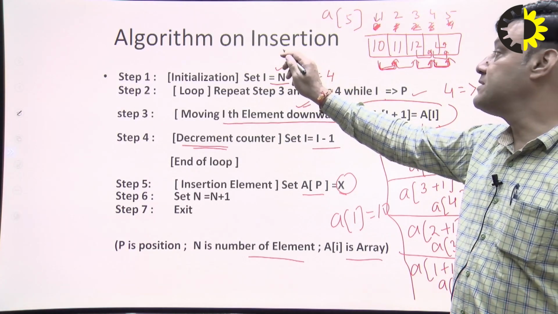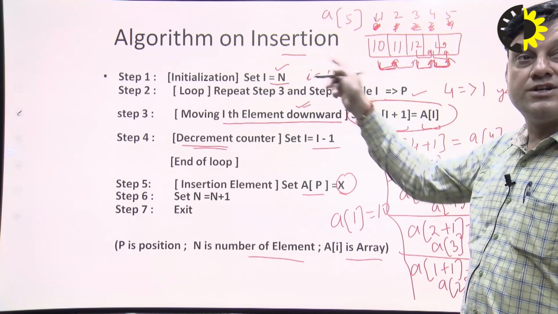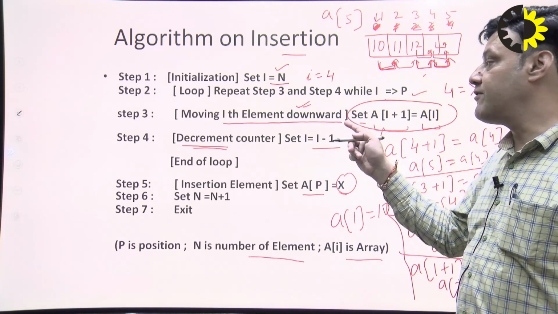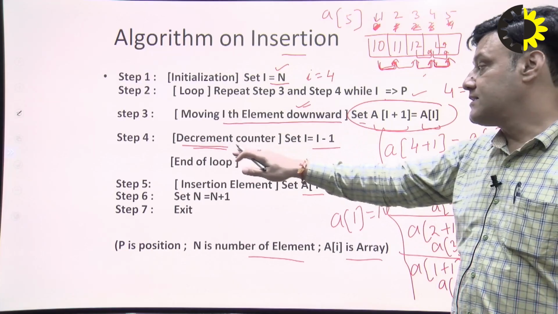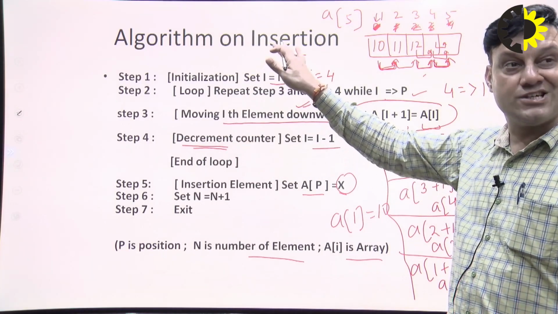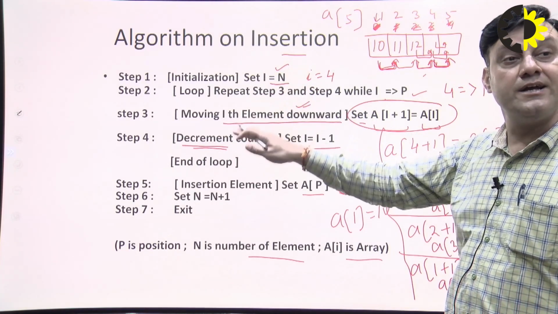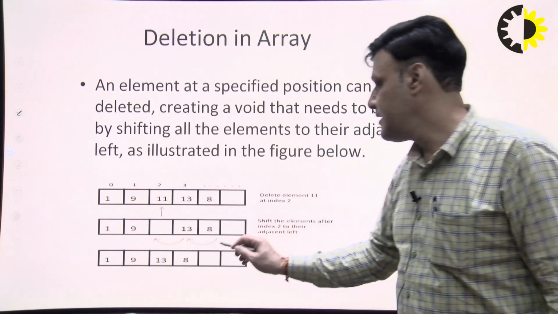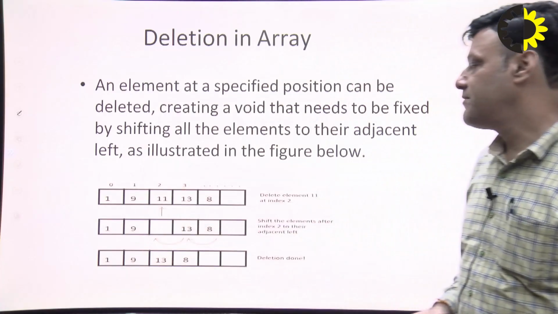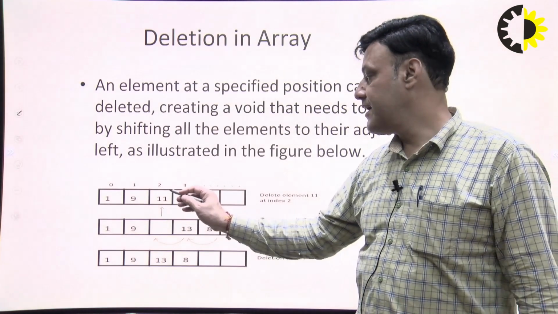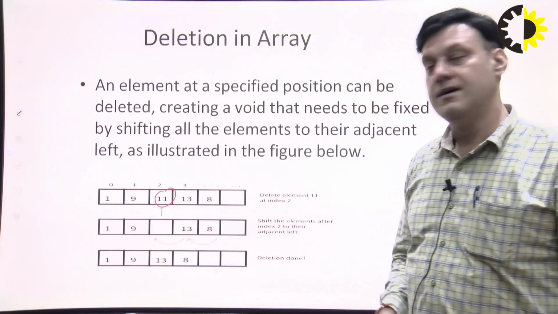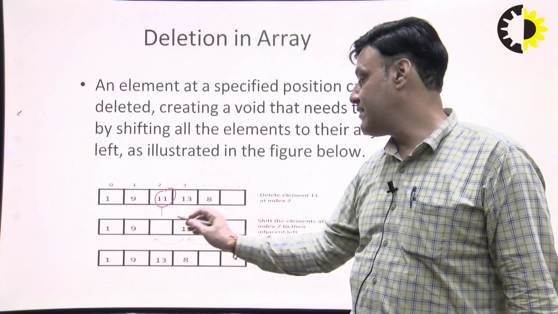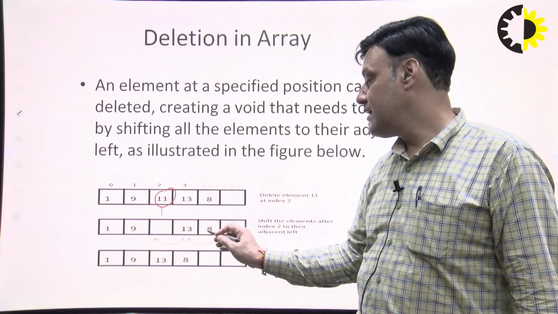And what happens in case of deletion? In case of deletion, the ith element which moved downward will move upward. It means the decrement counter is used in insertion, whereas in deletion, the increment counter is used. See, reverse. Because here I am going to delete this 11. After deleting, this 13 will come in place of this 11, and in place of 13, 8 will come.